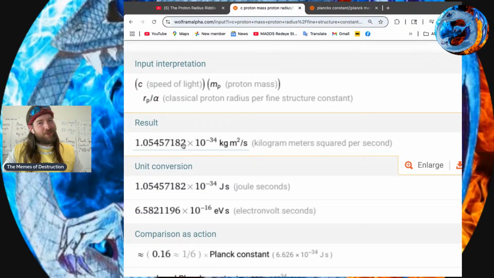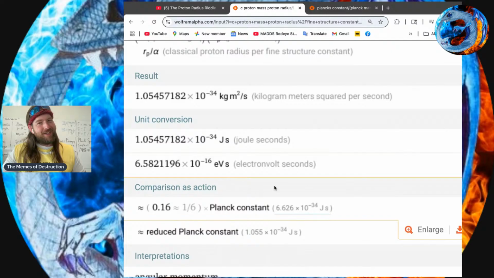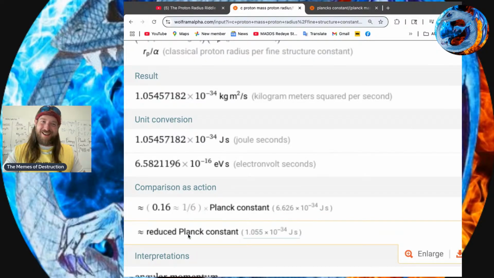Okay, I think it's about 1, 7 for the last 2 digits there, so it's rounding up there. Oh, this appears to be about 9 significant digits of accuracy with h bar. A thing that basically we use to make quantum mechanics work.